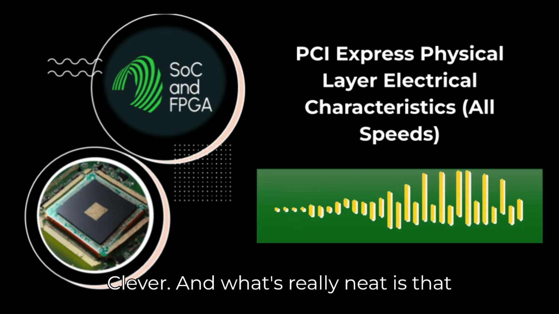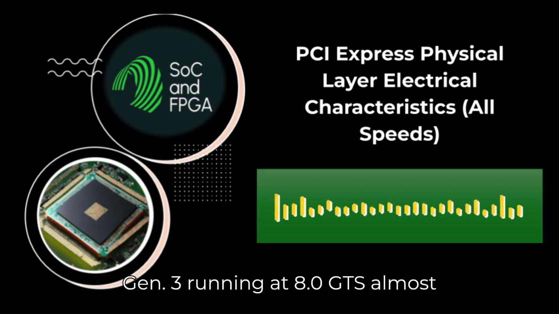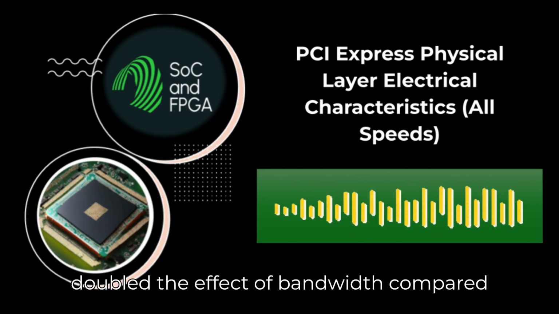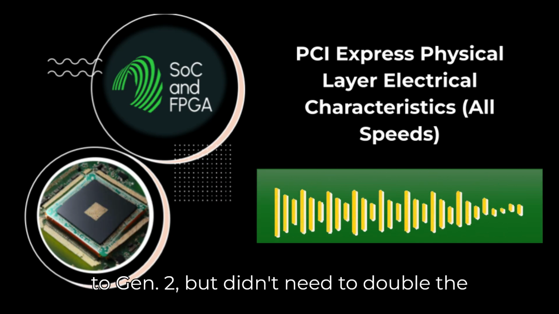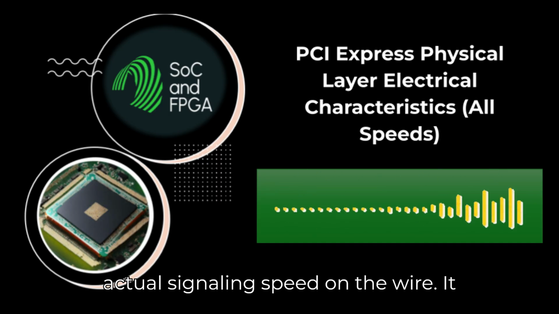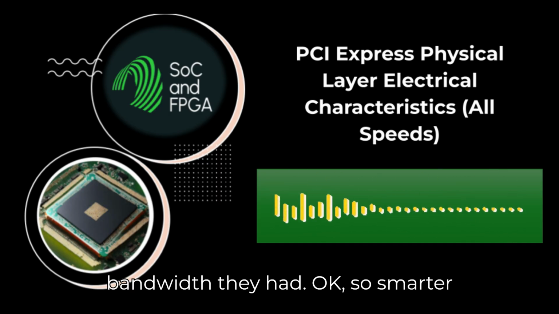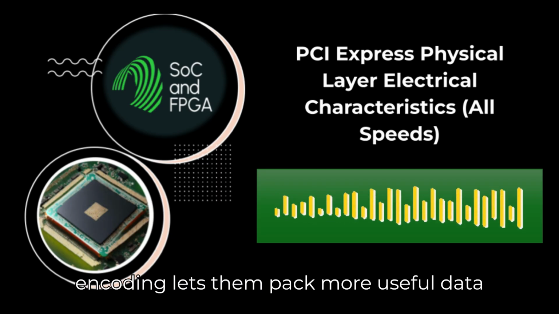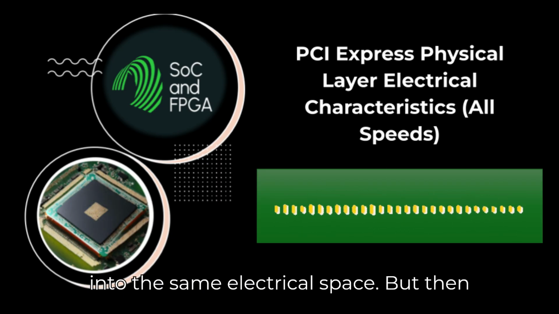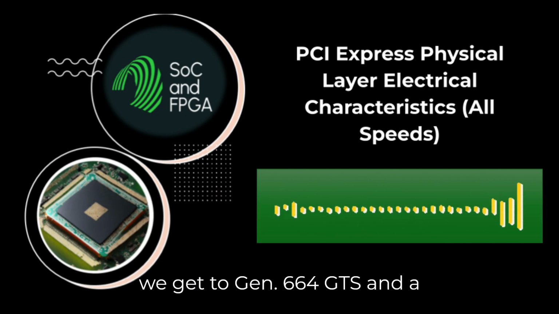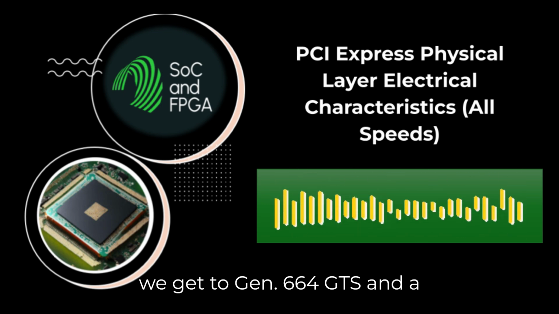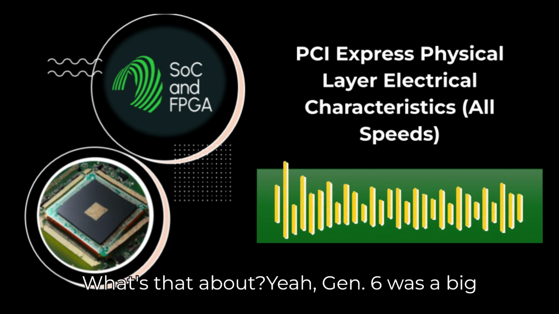Clever. And what's really neat is that Gen 3, running at 8.0 GTs, almost doubled the effective bandwidth compared to Gen 2, but didn't need to double the actual signaling speed on the wire. It was just a much smarter way to use the bandwidth they had. Okay, so smarter encoding lets them pack more useful data into the same electrical space. But then we get to Gen 6, 64 GTs, and a totally different approach. PAM4, what's that about?